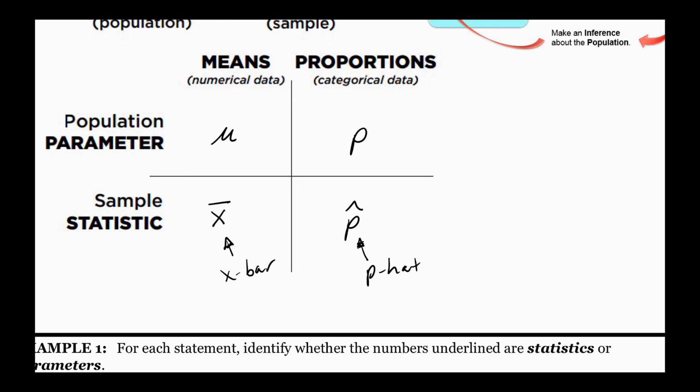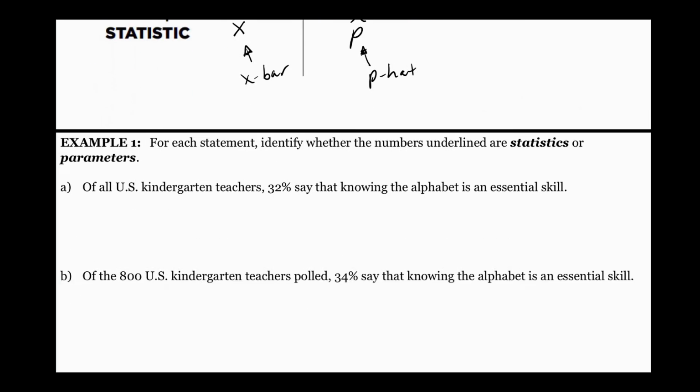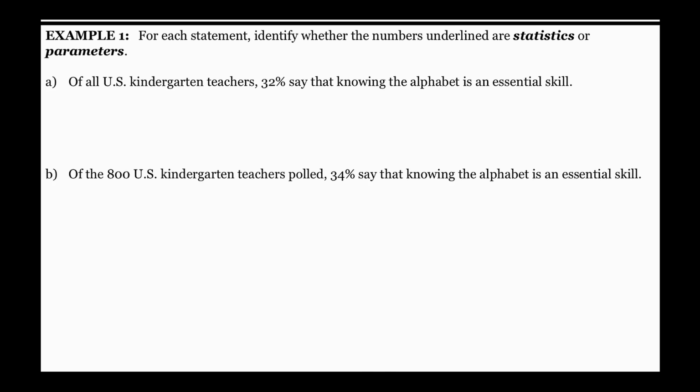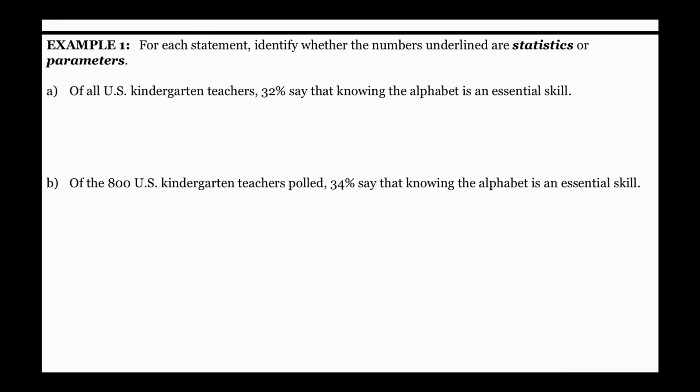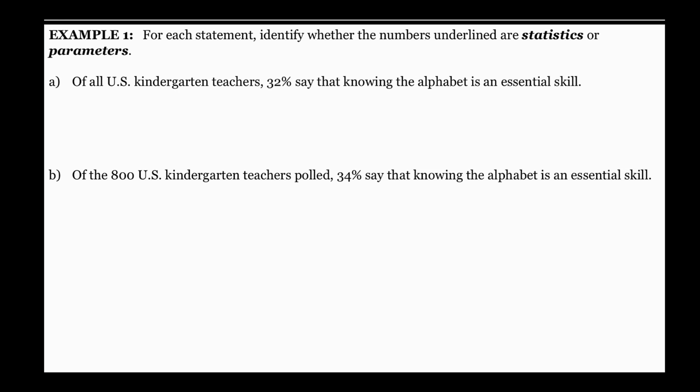All right. So now let's look at an example here. Number 1. For each, identify whether the numbers underlined, and there are no numbers underlined. Let me fix that. The numbers underlined represent statistics or parameters.